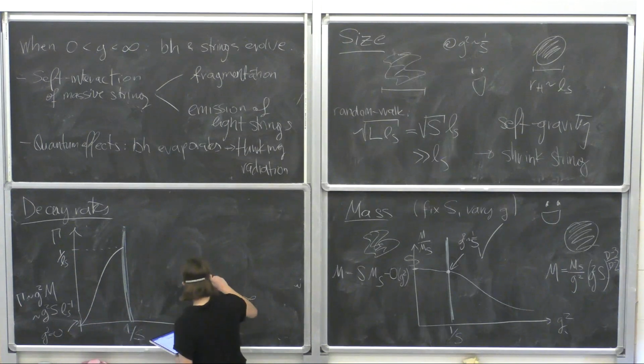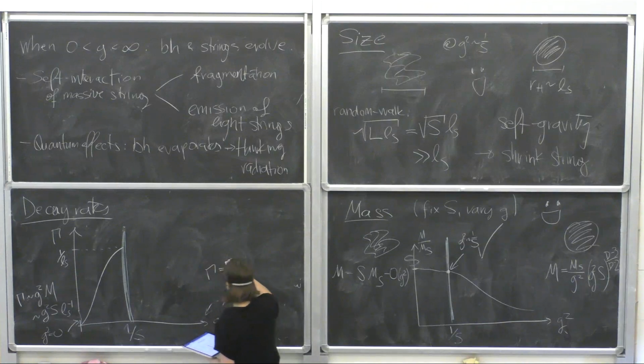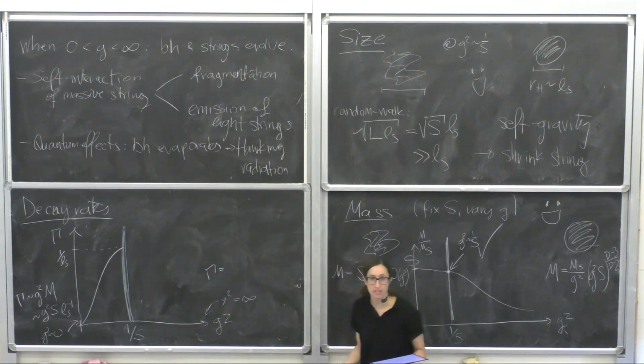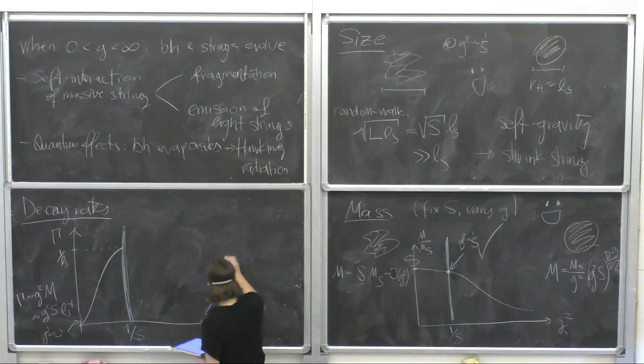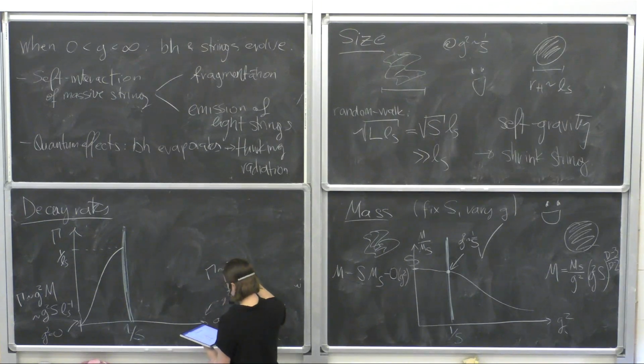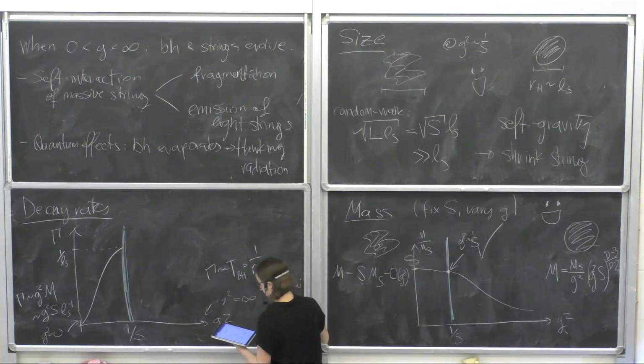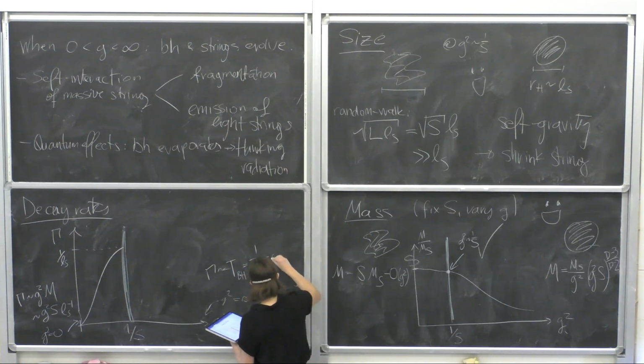And then for the black hole, the decay rate, well, we just said how it decays. It emits Hawking radiation, so this is proportional to the temperature of the black hole. The temperature is inversely proportional to the horizon size, and that we already computed.